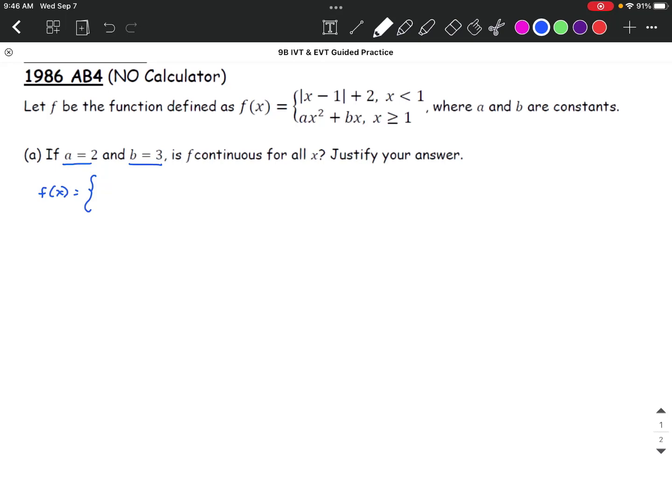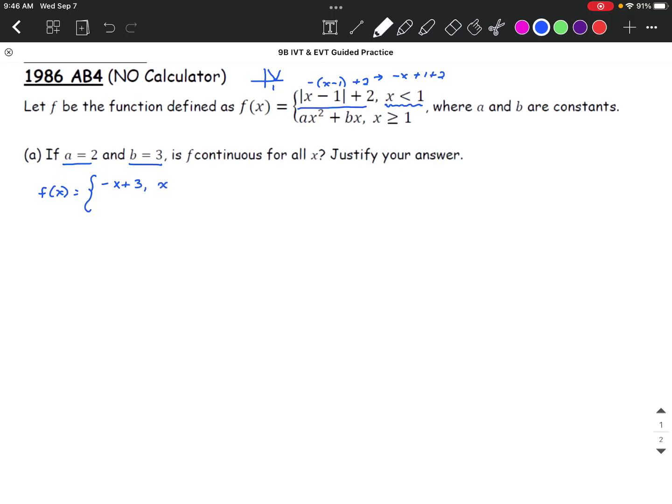Now look at this piece here, the absolute value of x minus 1 plus 2. That absolute value of x minus 1 is shifted so that the vertex is at 1, which means when x is less than 1, we're on the negative slope. So this is the negation of x minus 1 plus 2, which is really just negative x plus 1 plus 2, or 3 minus x, or negative x plus 3.